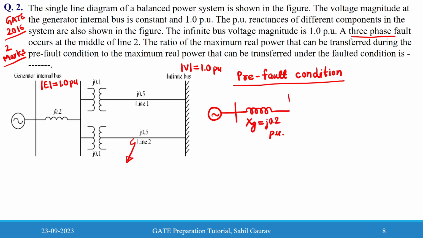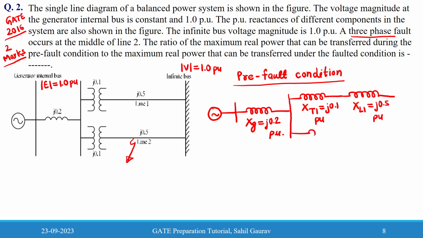Then transformer 1 and line 1: we take xt1 as j0.1 per unit and xl1 as j0.5 per unit.